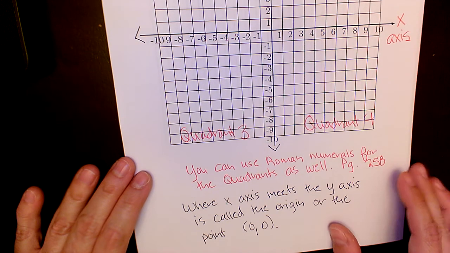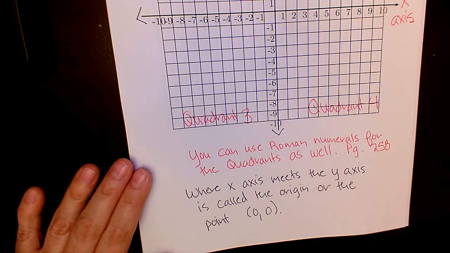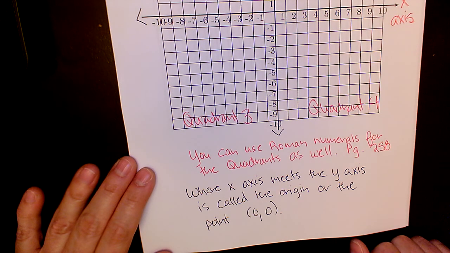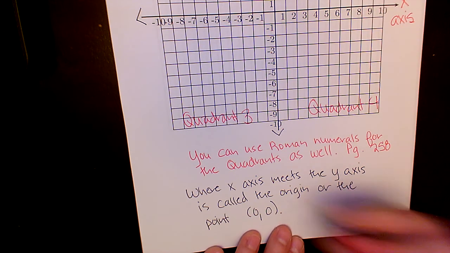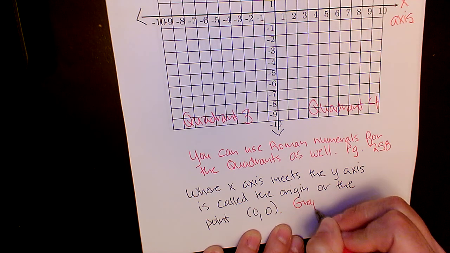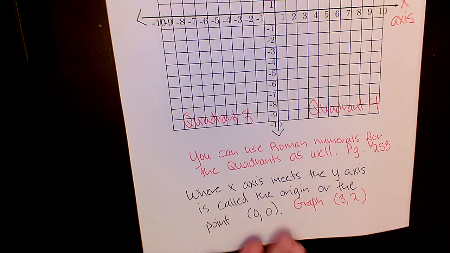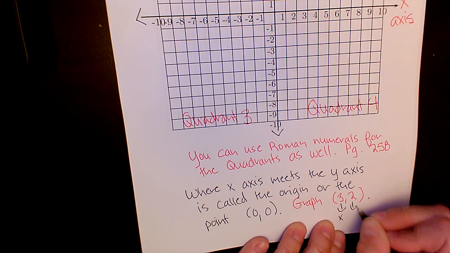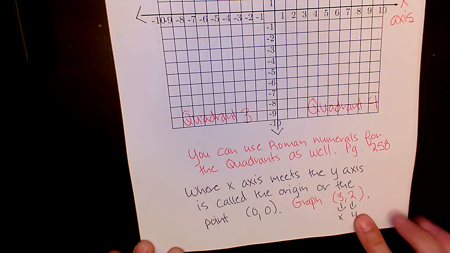Let's graph the point from when I first started explaining the section, the point (3, 2). Remember, the 3 is x, and the 2 is y.